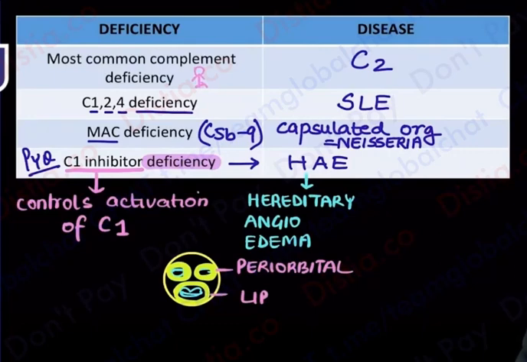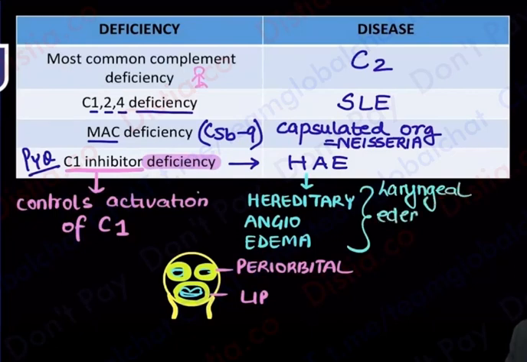All that is okay. When can this come as a medical emergency? Because that is a question that comes. What if the person ends up having it in the neck, means larynx? If someone ends up having laryngeal edema, then this means he will not be able to breathe. If there is laryngeal edema, this means the patient has entered into respiratory distress, and that makes it a medical emergency.